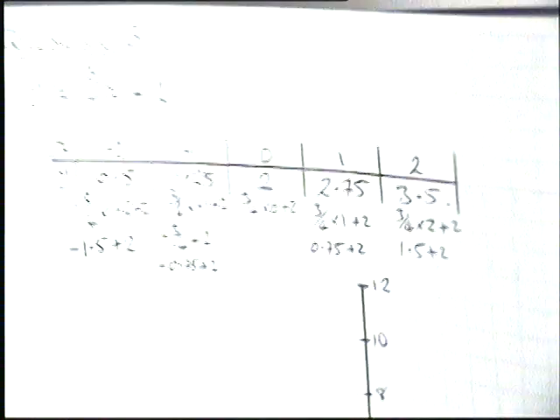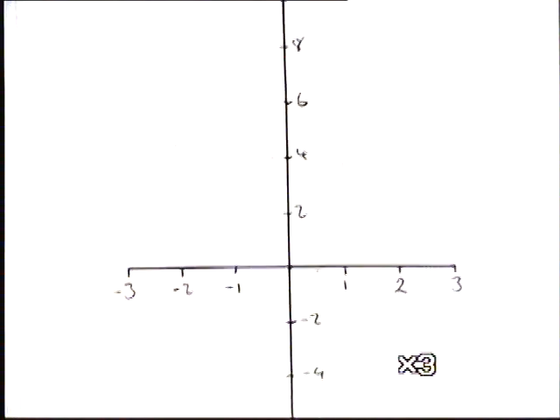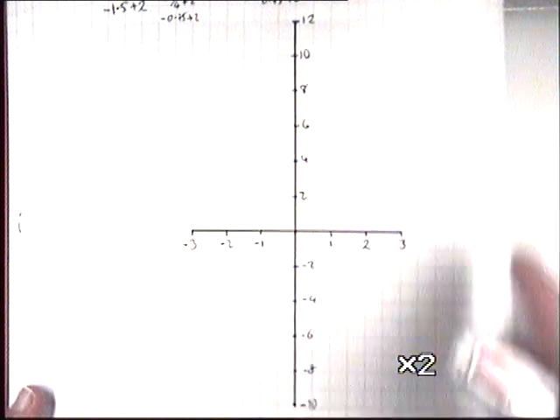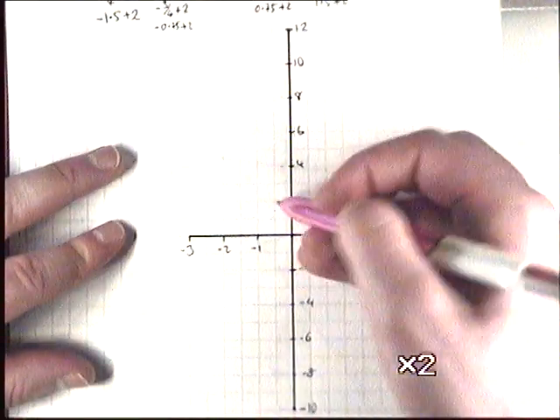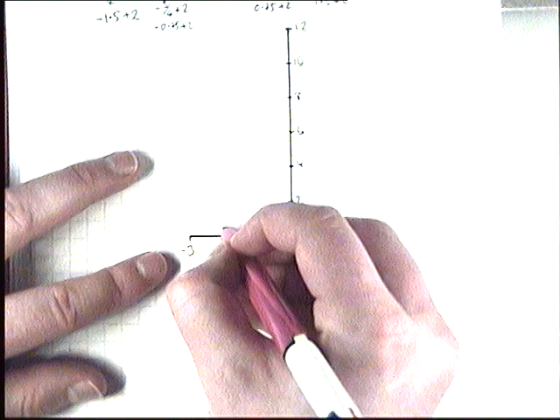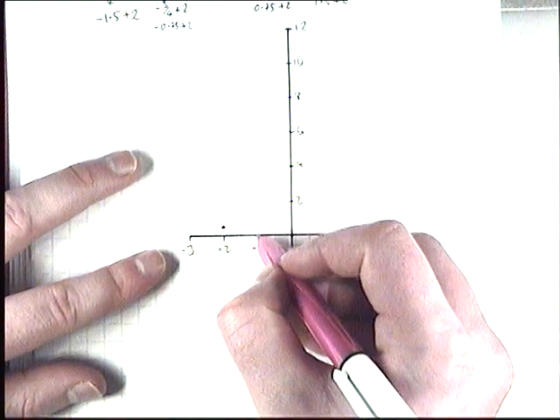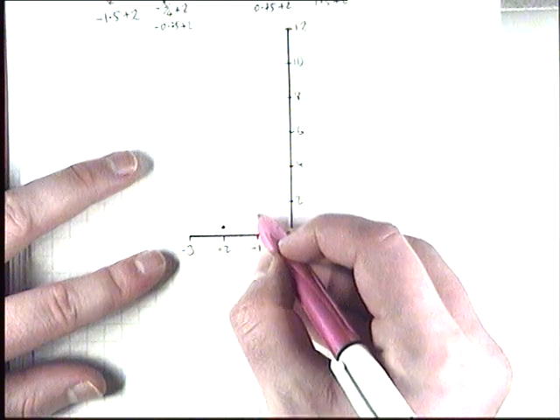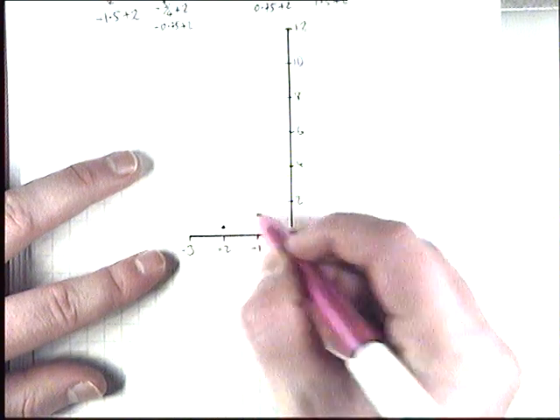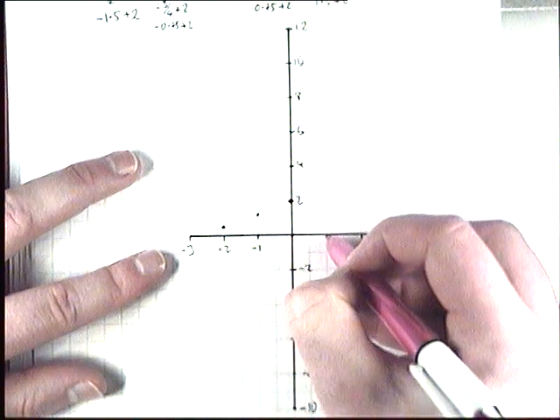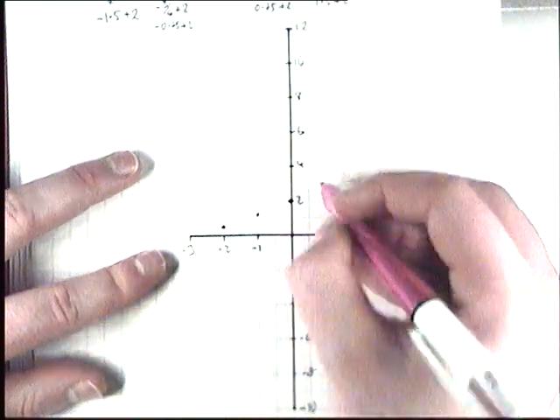So we can plot those points on our axes now. So we've got minus 2, 0.5. We've got minus 1, 1.25. 0, 2. 1, 2.75.